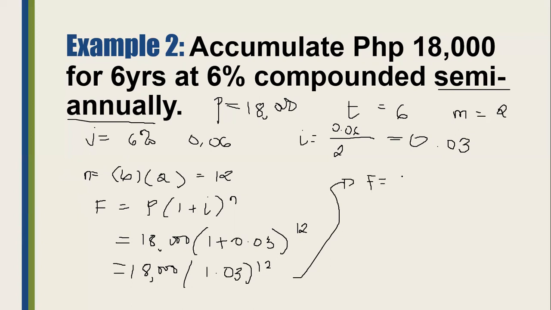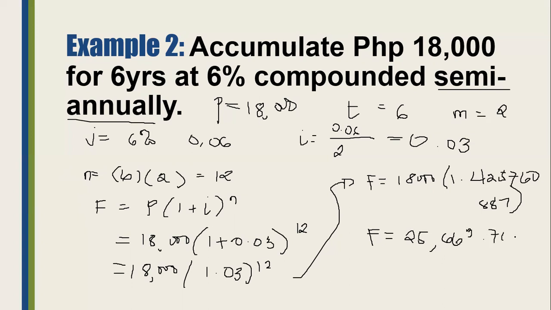F is equals to 18,000 multiplied to 1.425760887, and then multiply po natin kay 18,000. So we have our final value of 25,663.70. This is our final value after 6 years.